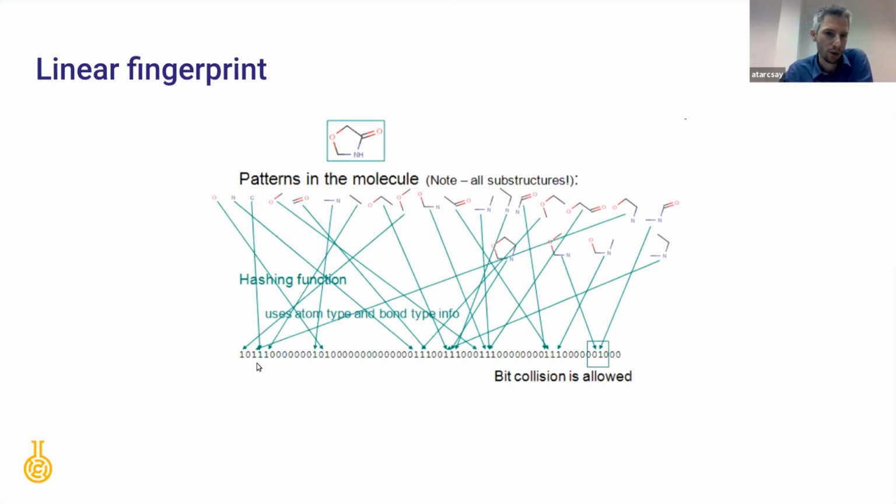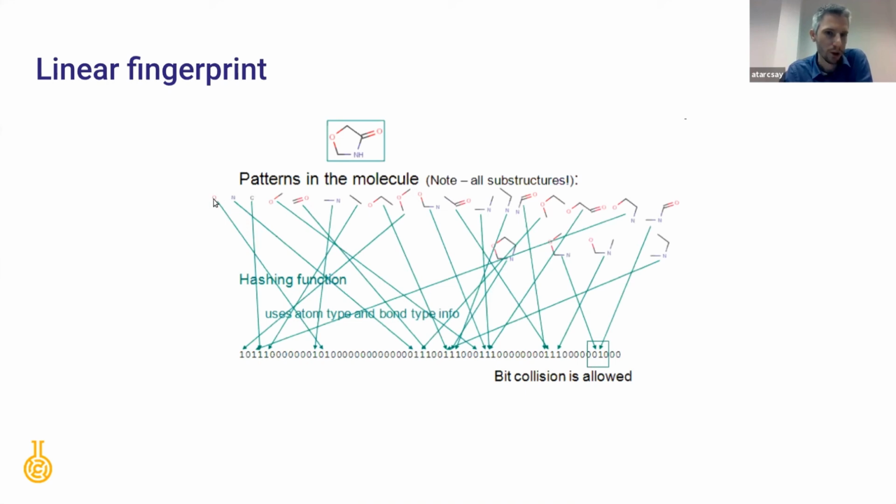And we use a hashing function that will map this string to a bit position. So we will have a 0-1 bit array of the molecule that is derived from the paths, the small paths available in the molecule.